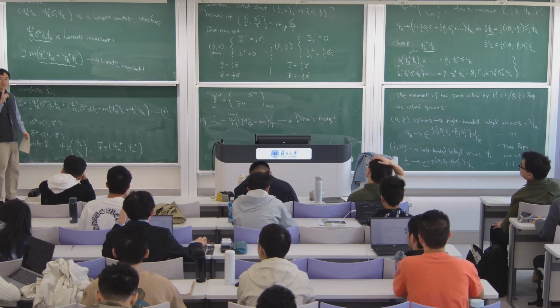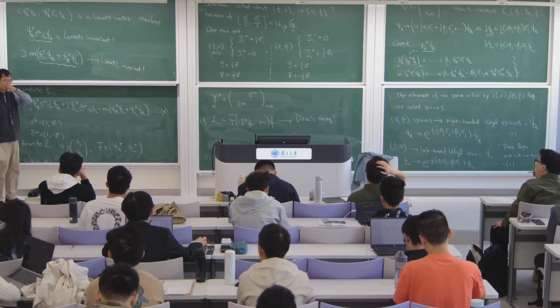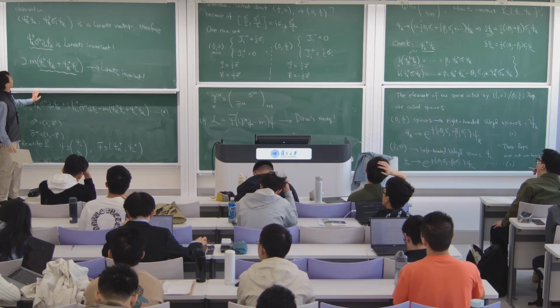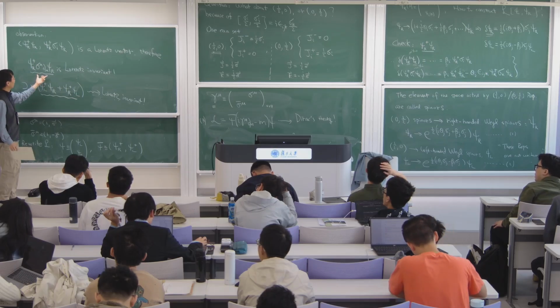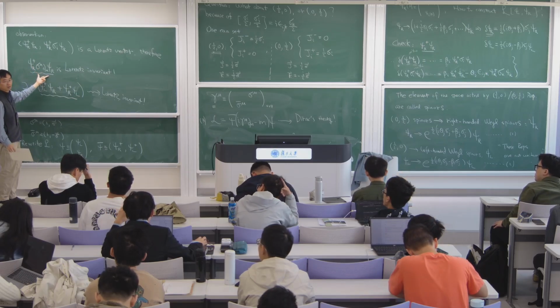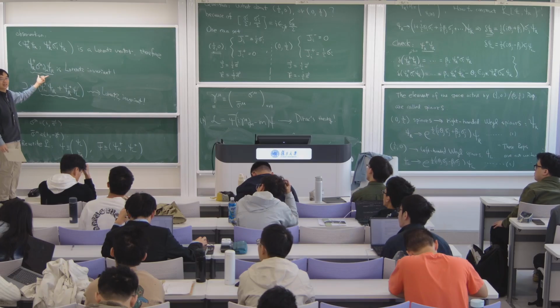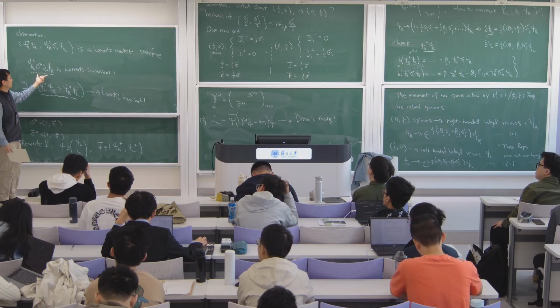The first question you could raise is something like this. Of course, I skipped some details, but Lorentz invariance tells you this kind of combination is a good kinetic term. Then you immediately ask why.